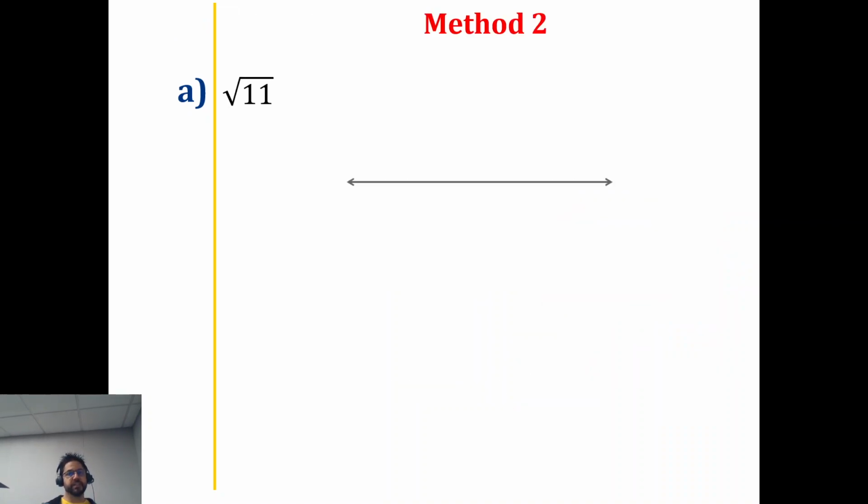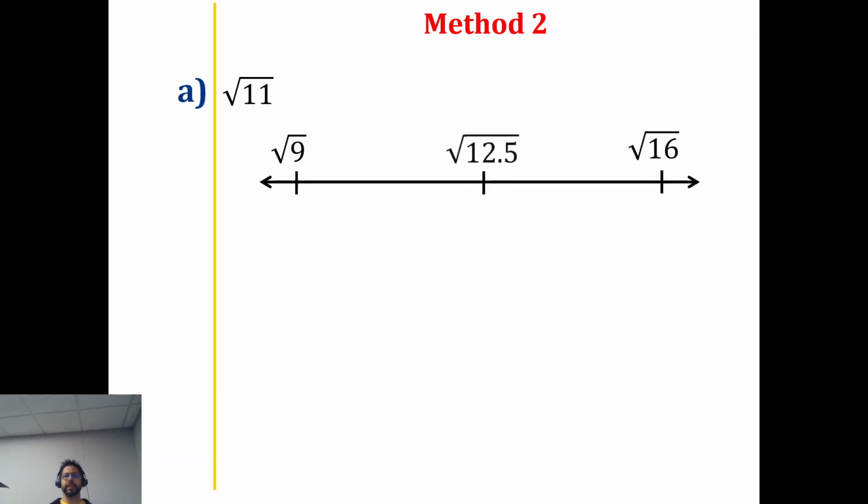Method 2 again. Starting off the same way, you're still going to figure out what it's between. We know it's between the square root of 9 and the square root of 16. Same start there. So we know it's between 3 and 4. You still want the middle. Oh, sorry, it's a little out of order. You still want the middle as 3.5, and the middle is the square root of 12.5.